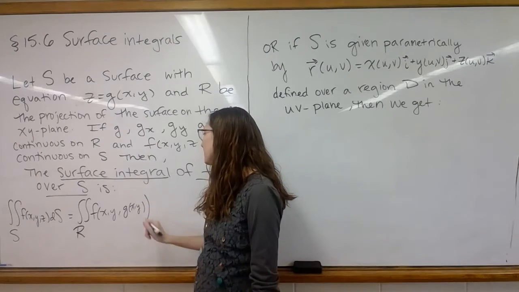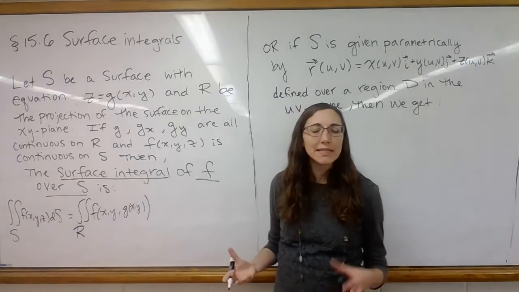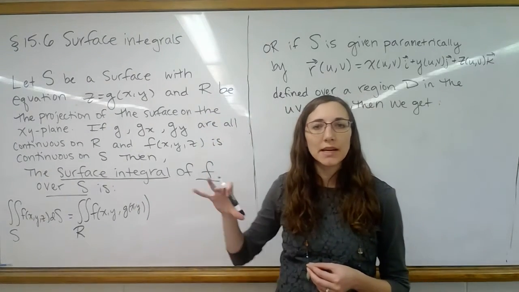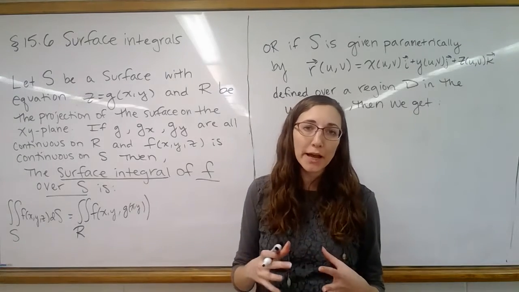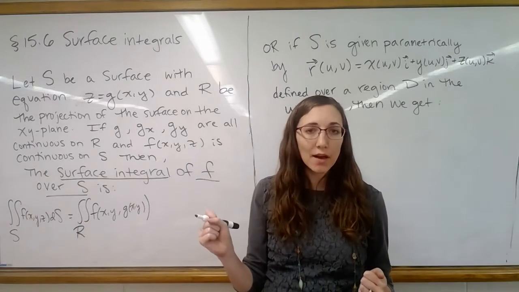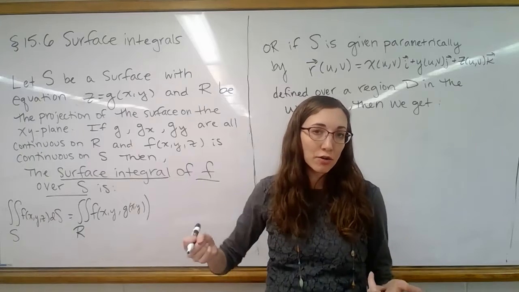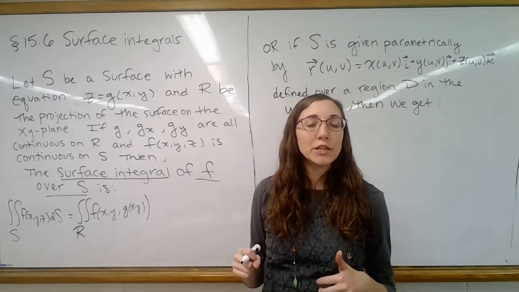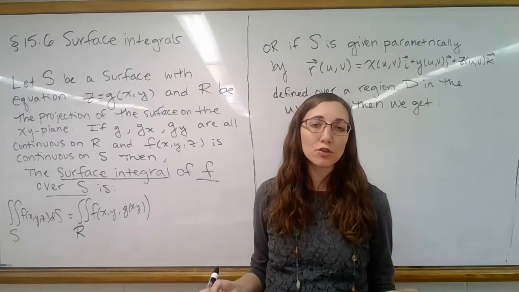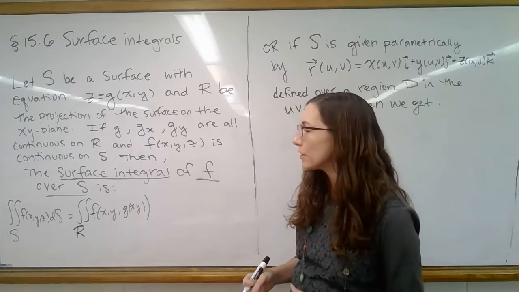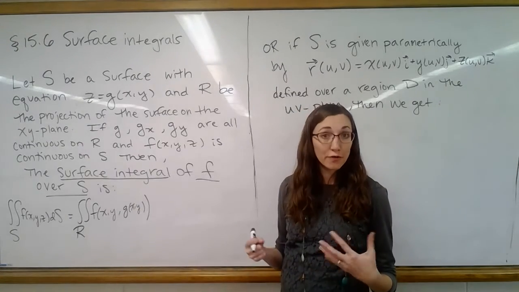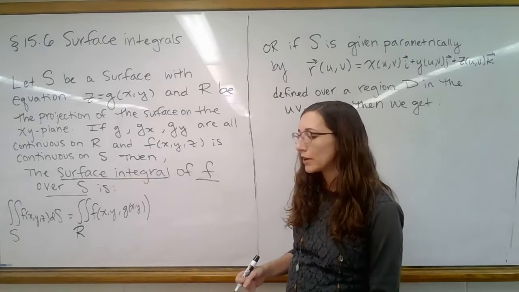So we'll plug in g for z. And then remember when we did line integrals, attached to the function, we then multiplied it by the arc length of the curve that we were integrating over. When we do surface integrals, we're going to multiply by what we would do to take the surface area of the surface we're integrating over.